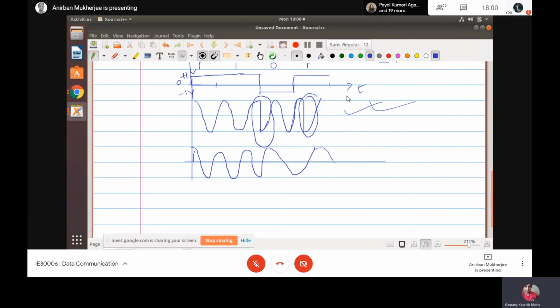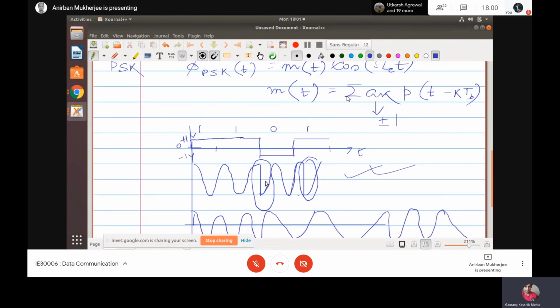You see the frequency is suddenly changing. Again you have got 1, then suddenly you change it, then again you have got 0 and you decrease the frequency. So when you say logical 1, you transmit omega c plus some delta omega c, and 0 means you transmit omega c minus delta omega c. The two frequencies. That's why it's called frequency shift.